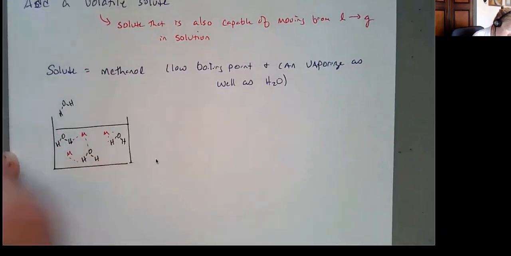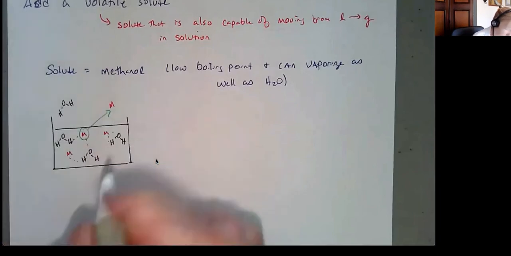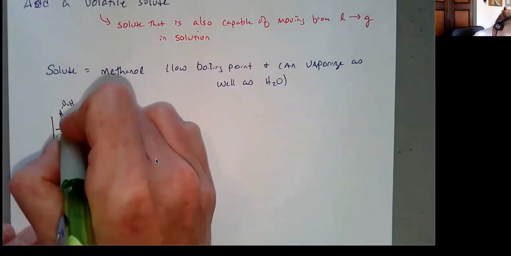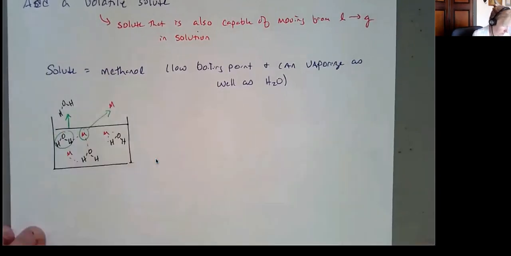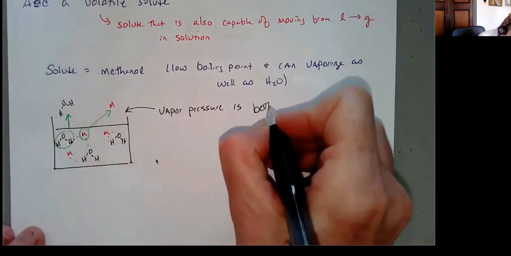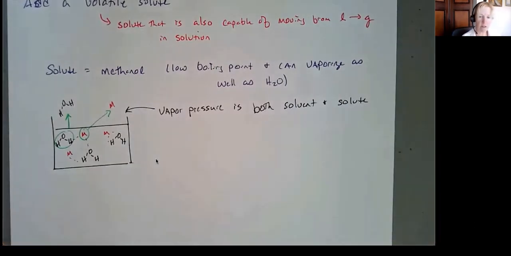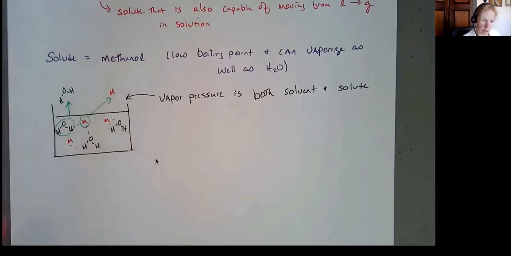But I'm also going to have methanol, because methanol can move from the liquid to the gas phase as well as water moving from the liquid to the gas phase. So now my vapor pressure up here is both my solvent and my solute, whereas before we only considered it as being the solvent because the solute wasn't able to vaporize.